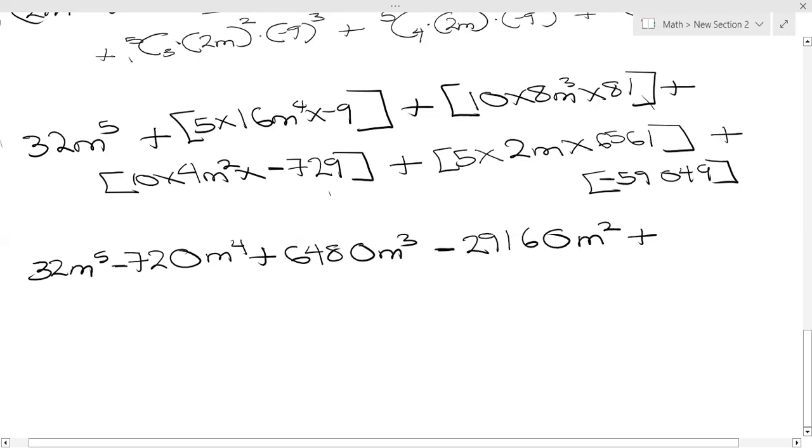In an exam, I'll most definitely be faster than this, just because I'm trying to explain. So 65610, where's the coefficient here? m.